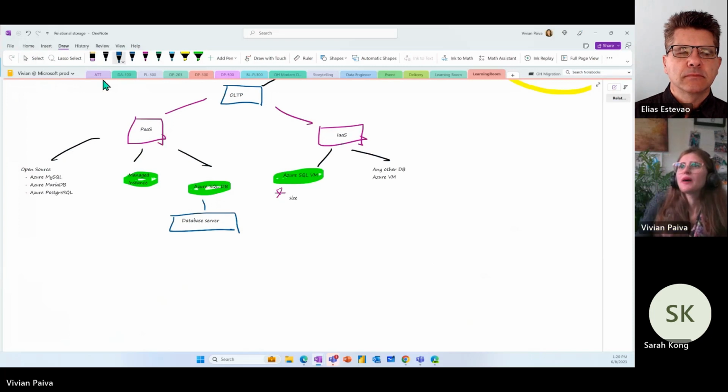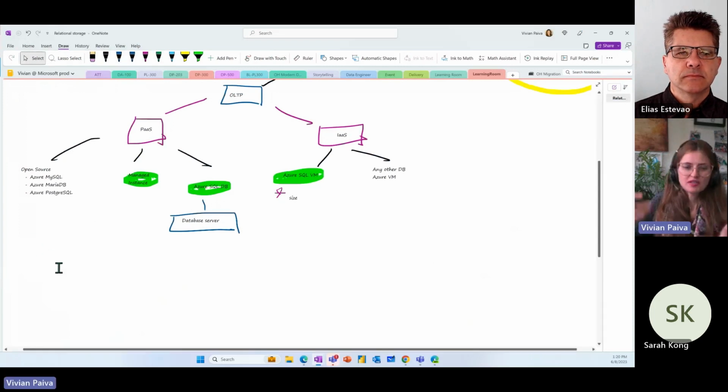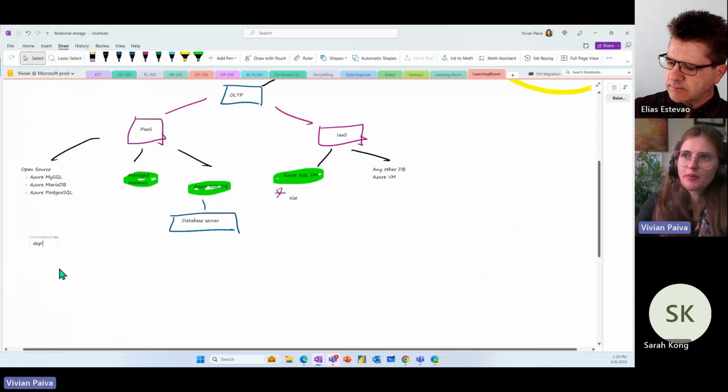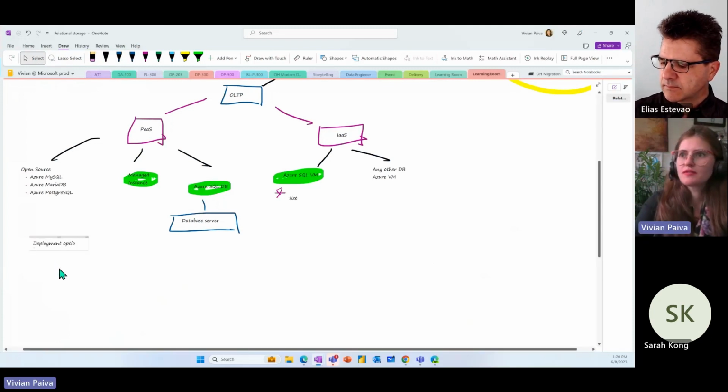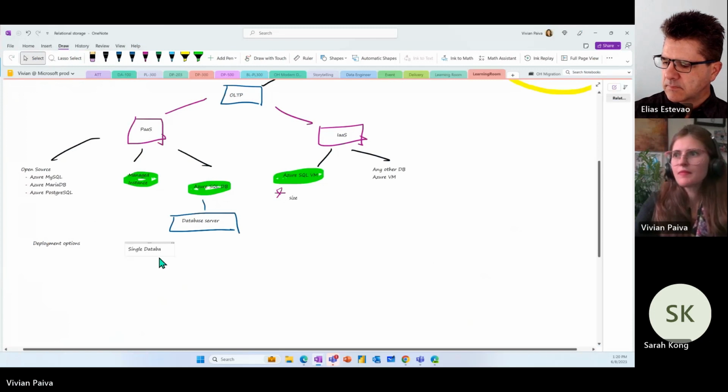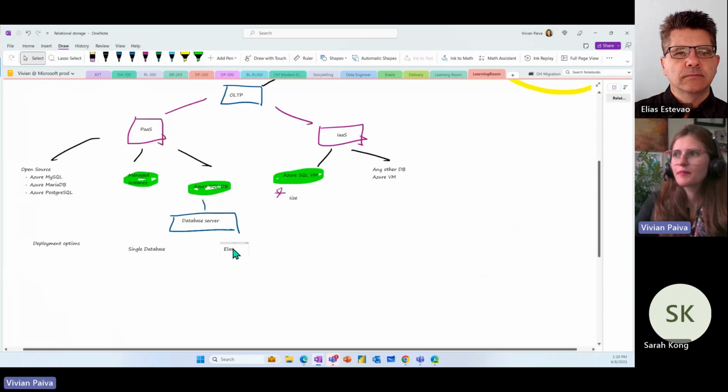Okay, about the deployment options for Azure SQL database. We have a single database, and we have elastic pools.